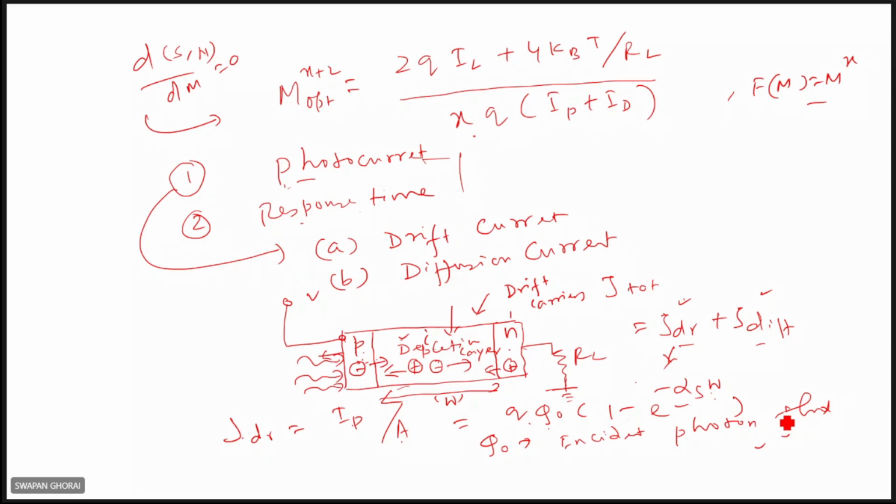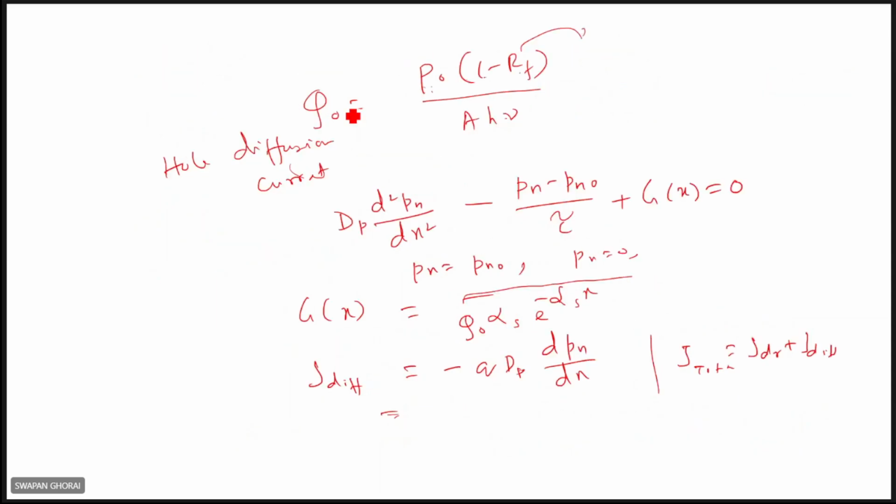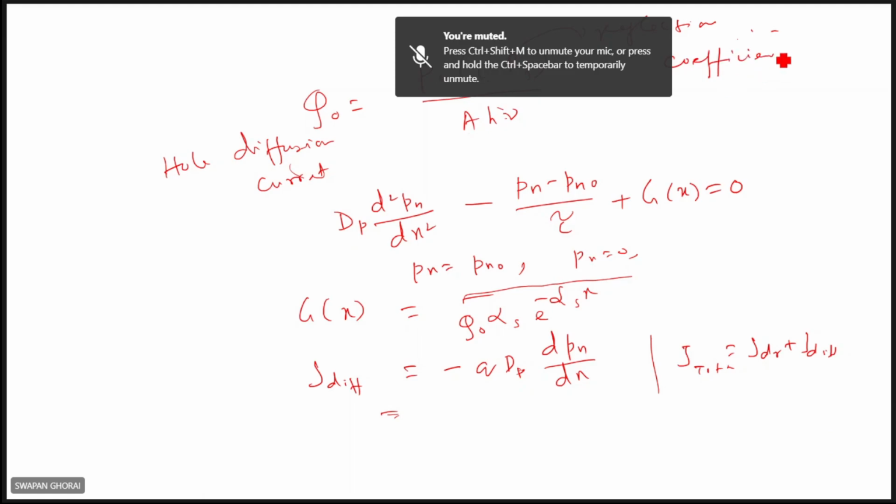Phi 0 also, of course, you can write in terms of optical power that you have seen. Phi 0 is P0 by h nu, where P is the incident power, divided by area. And this factor you have to consider, that is the reflection coefficient, because some of the power will be reflected back.